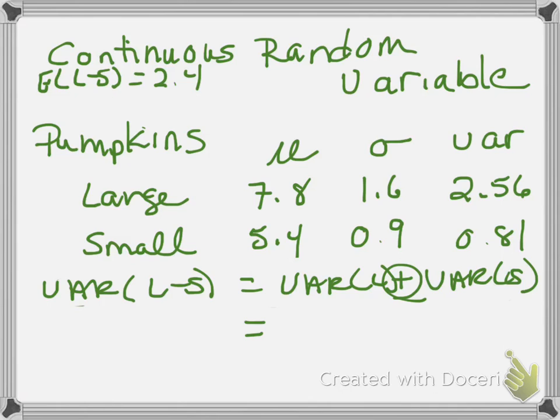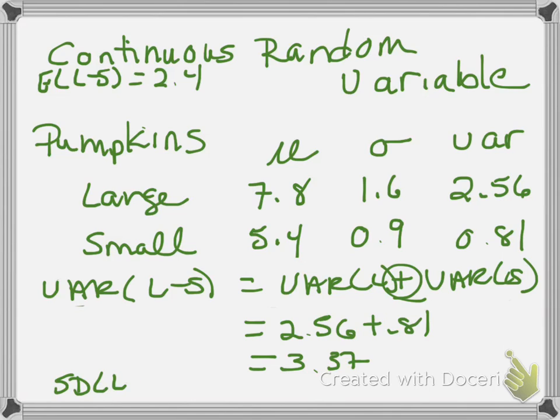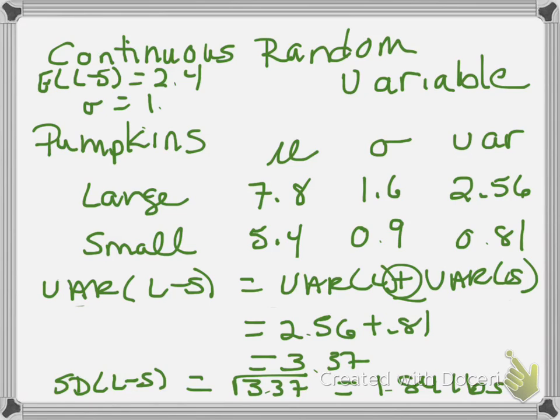So this is going to be 2.56 plus 0.81, which is 3.37. So the standard deviation of L minus S is equal to the square root of 3.37, which is 1.84 pounds. It's going to be the same thing. Now do you see why I'm going to ask you about difference? Because I want to see if you remember to add. So the standard deviation is going to be 1.84.